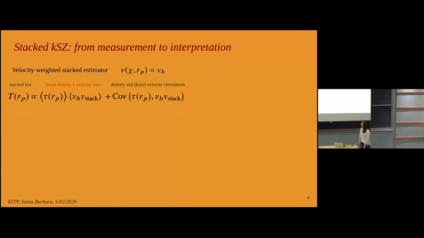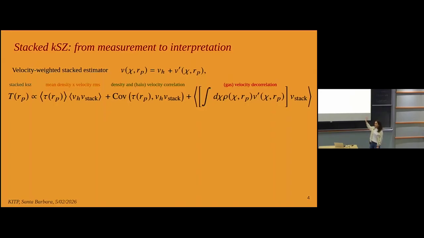But then, in principle, there could be some covariance between the density and the RMS velocities of the halos. And if on top of that the gas may decorrelate from the halo velocities, there can be an effect of that in the kSZ. These are the possible contributions, just by expanding the equation.